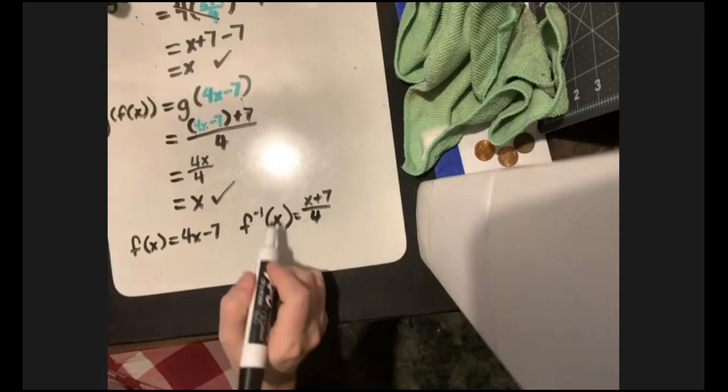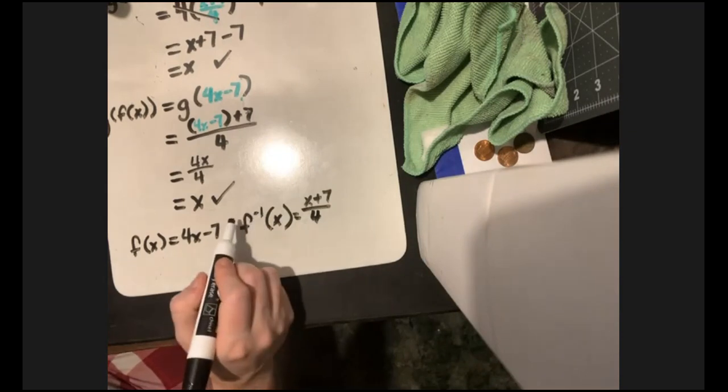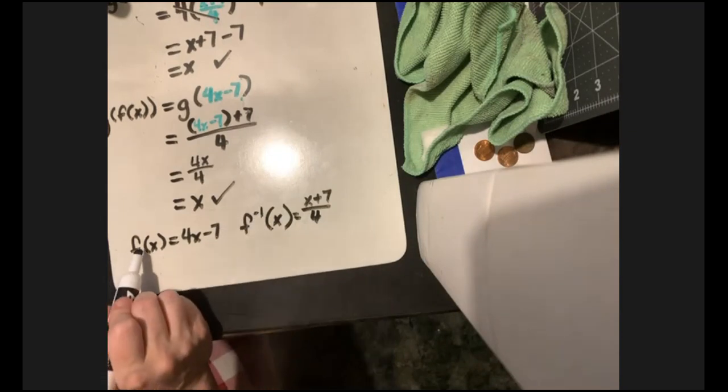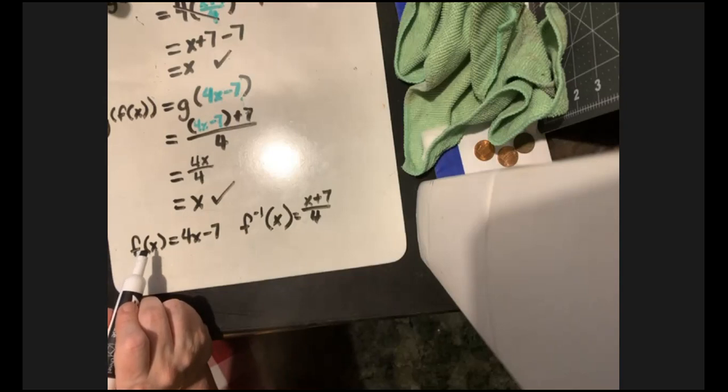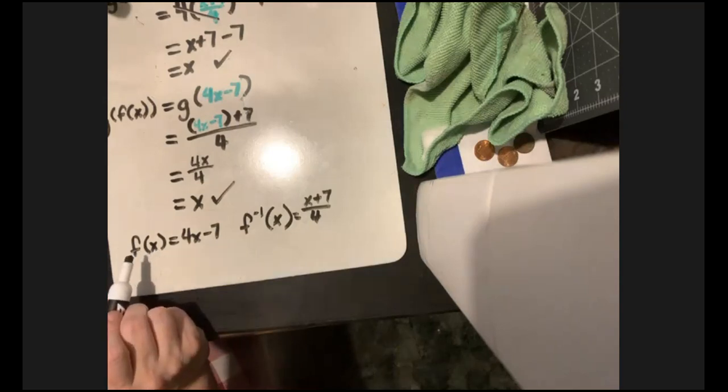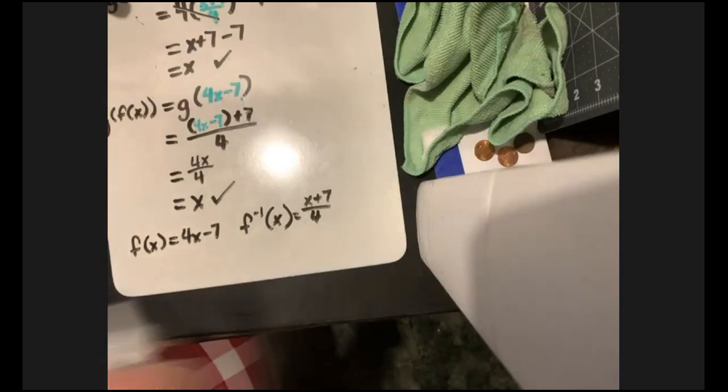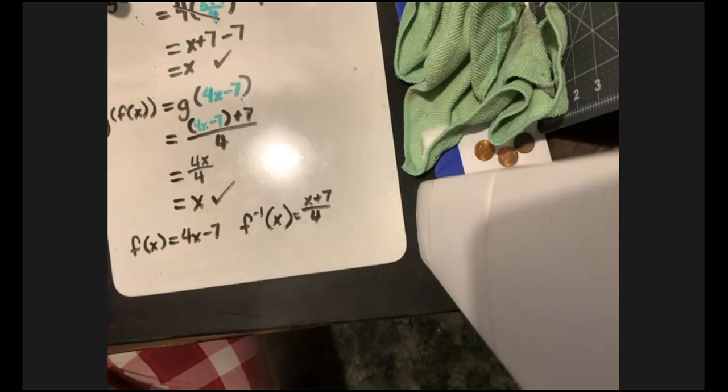It just gets a stronger name. This f inverse creates a stronger bond and a stronger connection to this function by saying it is the one that undoes it. Instead of it just being, here's a function, there's another function, we have that stronger relationship.